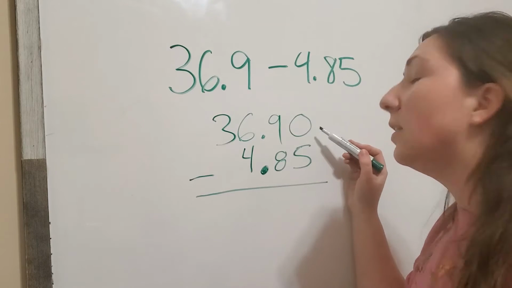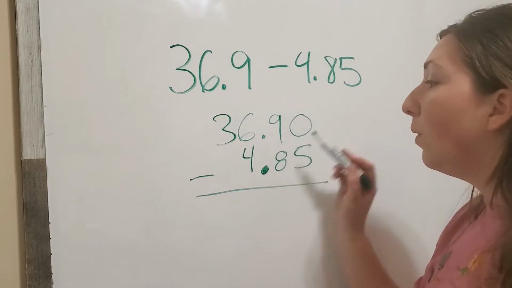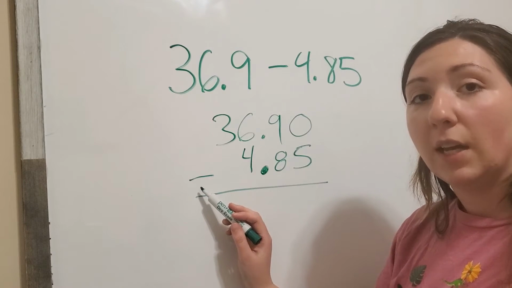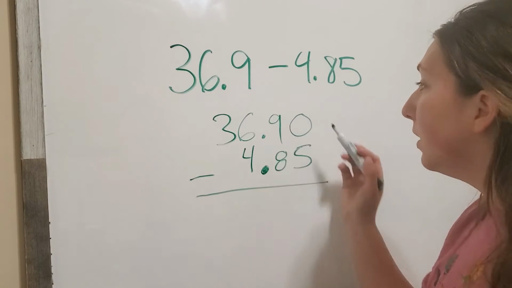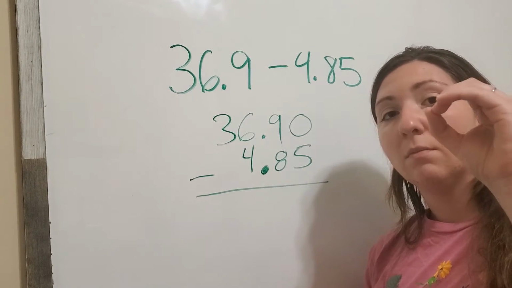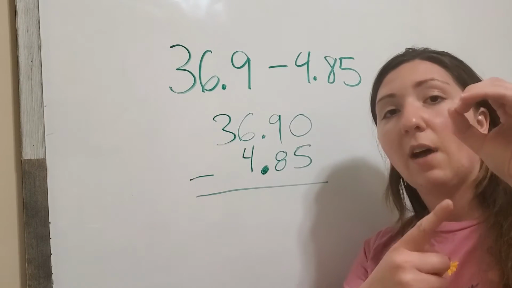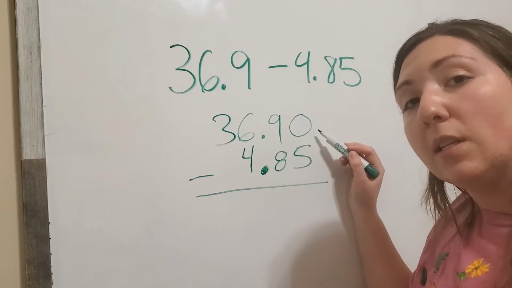But is this going to change our value to our problem? With subtraction, it does. With addition, it will not, because we're just adding the numbers. But with subtraction, can we take 5 from 0? We don't have any numbers, so can we take 5 away? No, we can't.